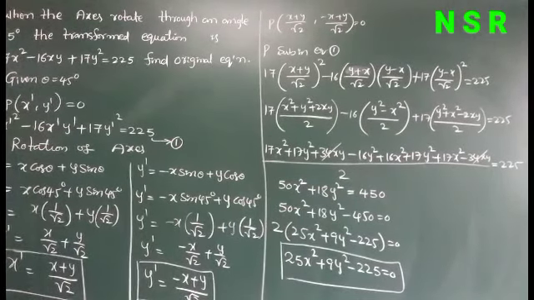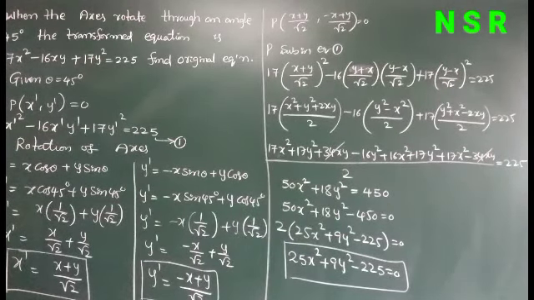So by using the transformed equation with the rotation angle of 45 degrees and the rotation formulas, we can find this equation. The final equation is 25x square plus 9y square minus 225 equal to 0.